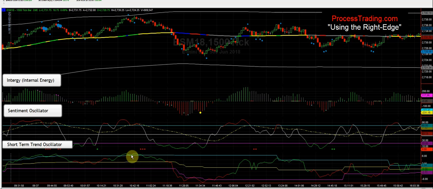And the same thing is confirmed with the short-term trend oscillator, where it was above the top of the oscillator boundary, and it cut down through it, and it started to angle down, and here it is going even through the lower boundary and angling down. So we knew to get out in this area.